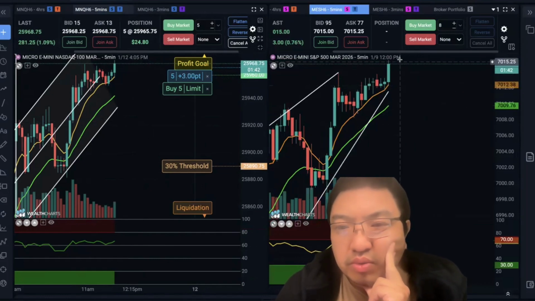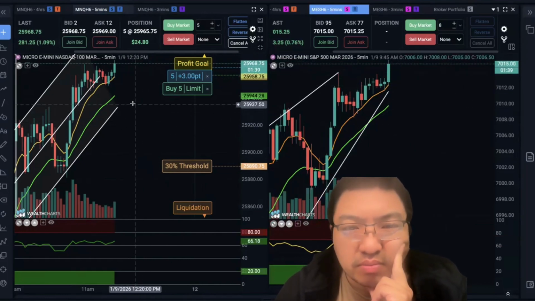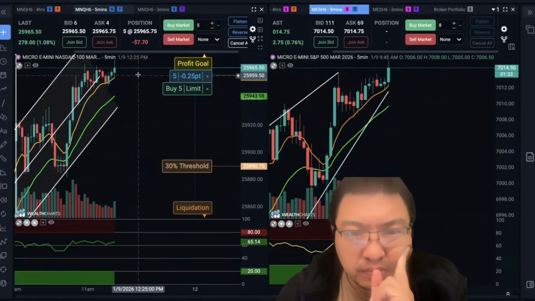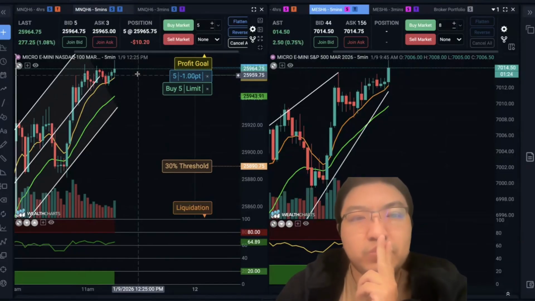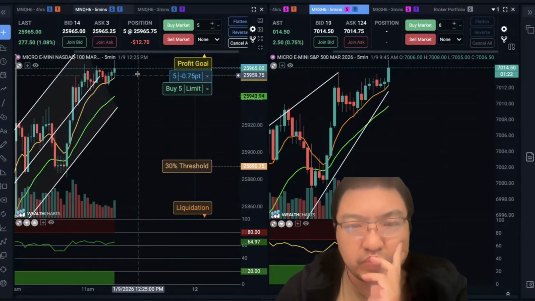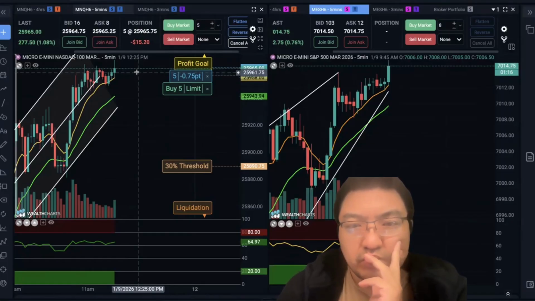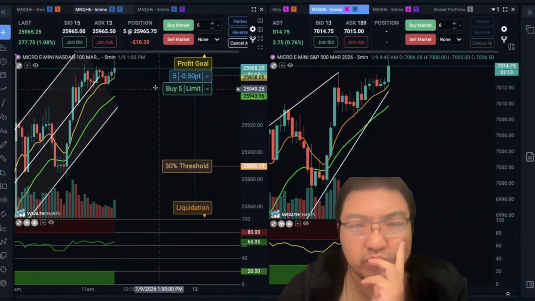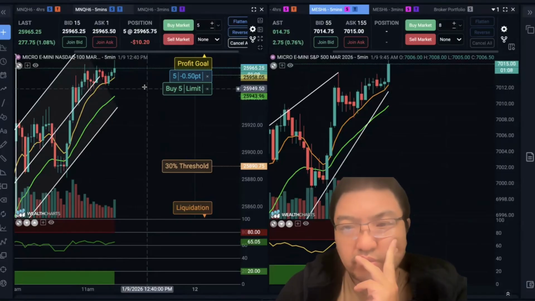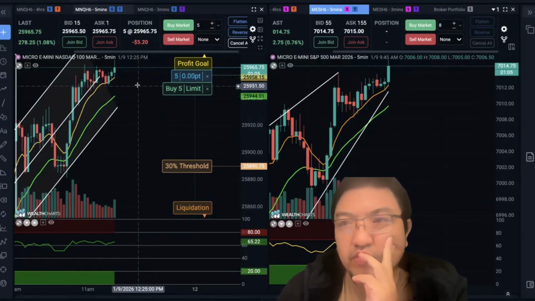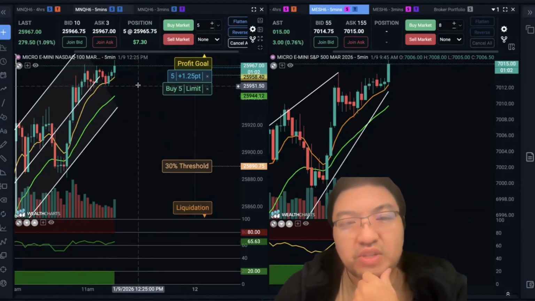Oh, boost going up, boost going up. Two more minutes. Let's wait for the compression of this candle.